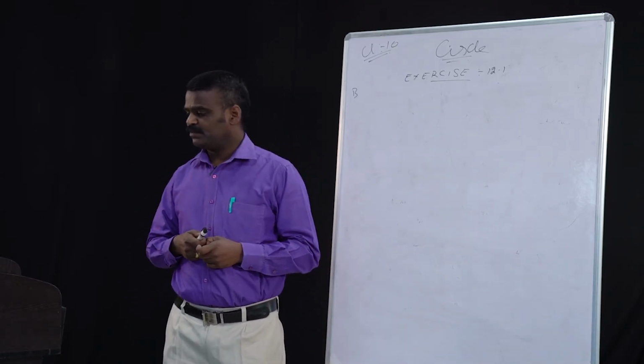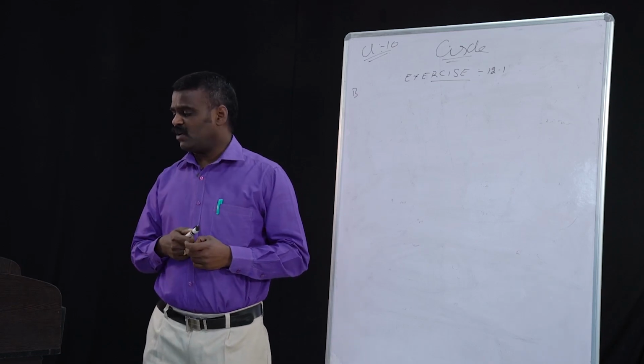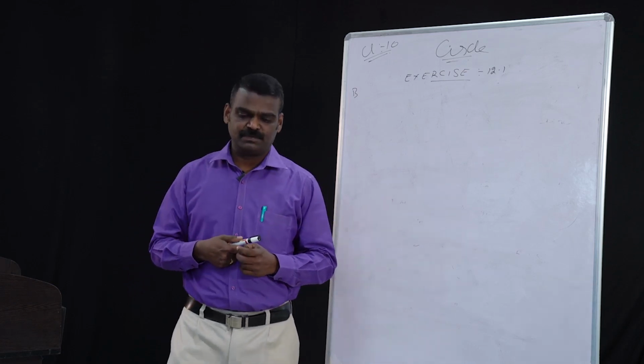Question number 4 tells, all of you look at the question. The wheels of a car are of diameter 80 centimeter each.